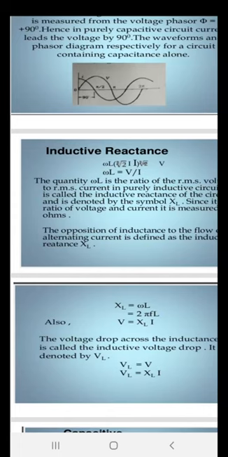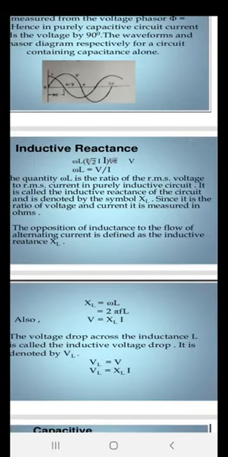Inductive reactance: omega L is equal to V divided by I. This means the ratio of the RMS value of voltage and current is called inductive reactance.